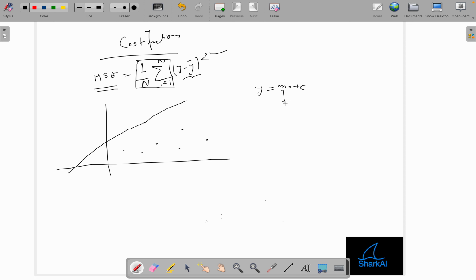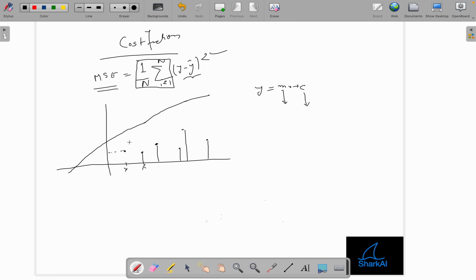The model will start with a random value of m and a random value of c. Suppose our model has drawn this line as the first line. These are the x values for these points, and these are the y values.